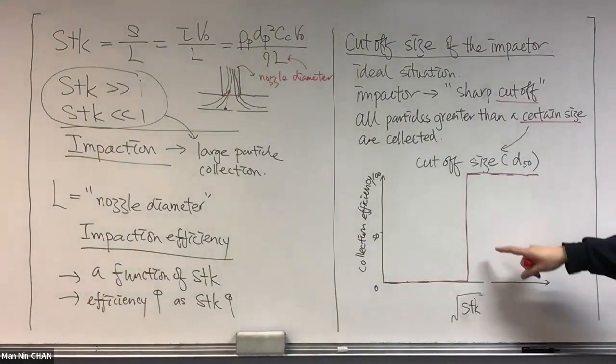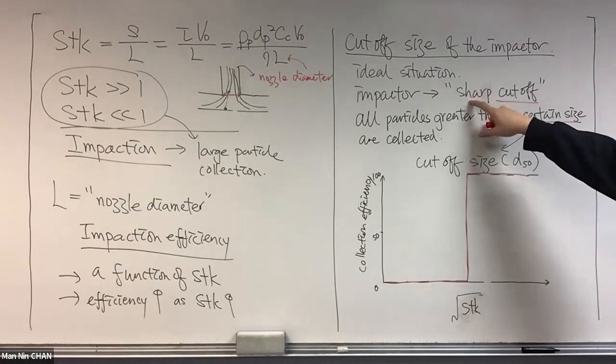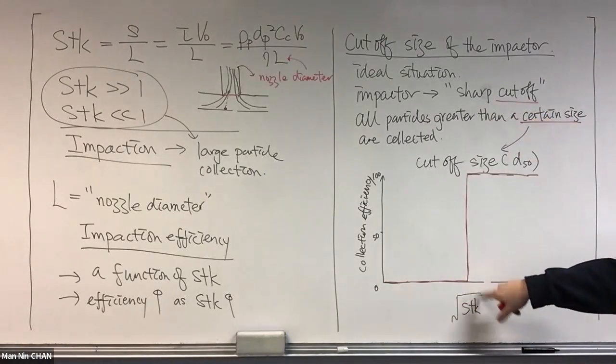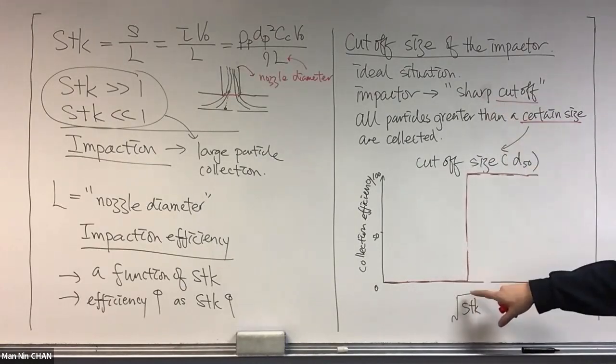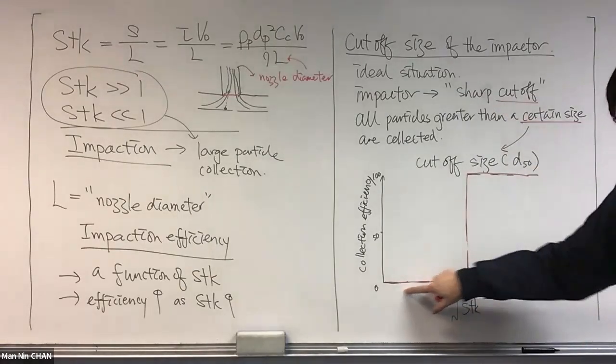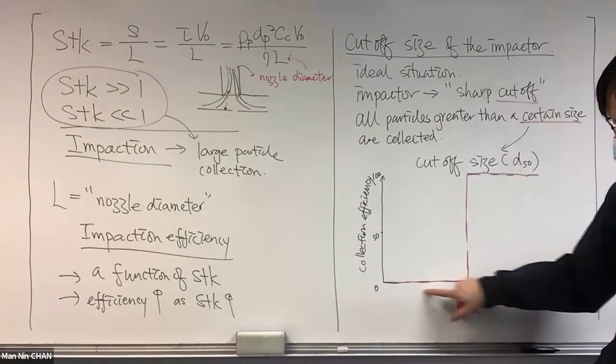For this ideal sharp cutoff, when the size is smaller than the sharp cutoff diameter, no collection happens, so your collection efficiency is 0.